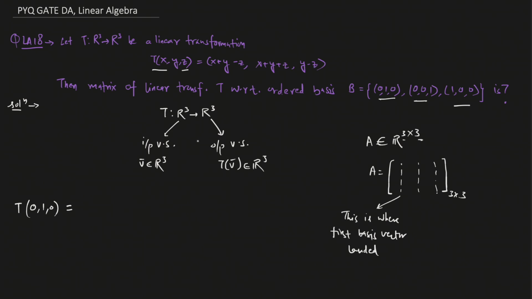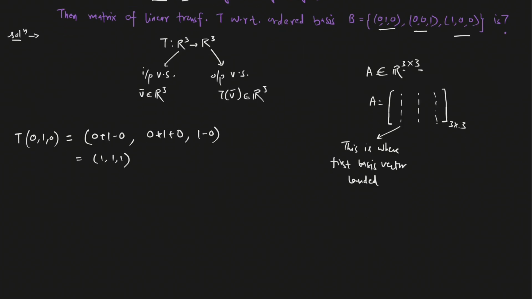If you apply this to 0, 1, 0, it will be 0 plus 1 minus 0 comma 0 plus 1 plus 0 comma 1 minus 0. So this will be 1 comma 1 comma 1, right? Similarly, you will transform the second basis vector, which is 0, 0, 1.